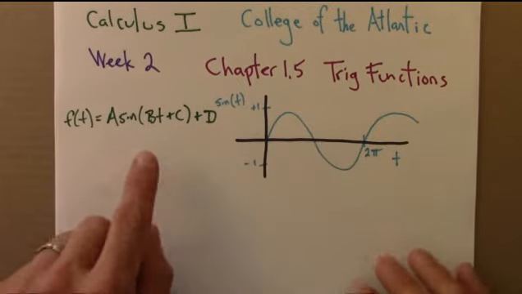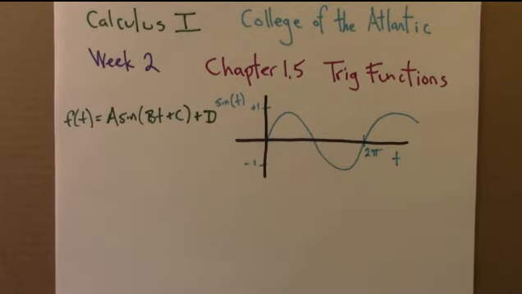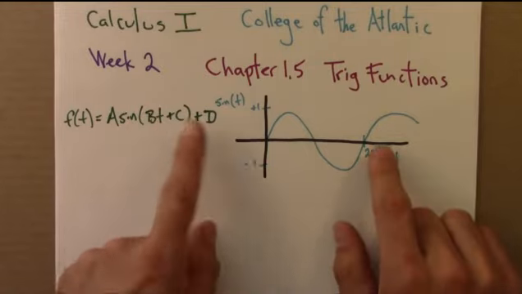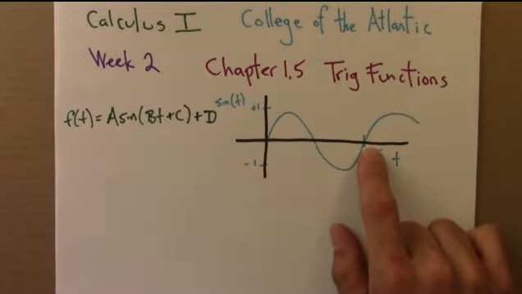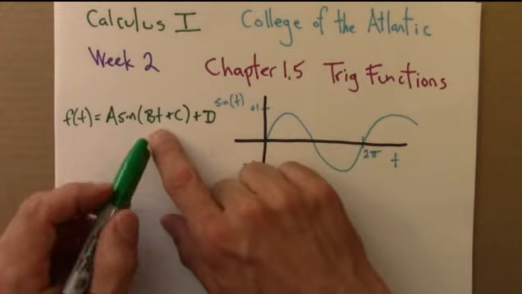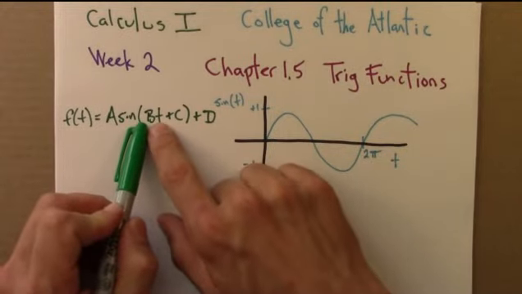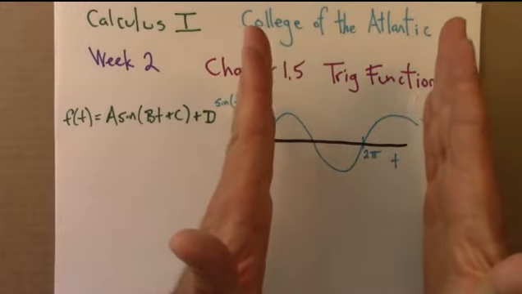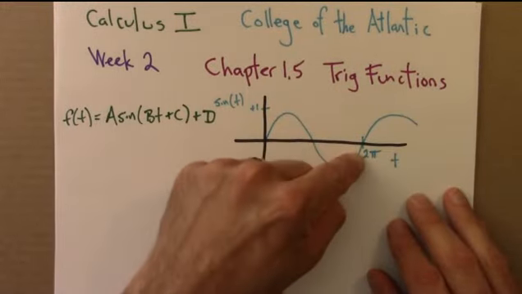So we know that the regular sine with no b, b of 1, has a period of 2 pi, and we know that when I take t and multiply it by b, that makes everything go b times as fast. That would make the curve squashed in. It would go up and down much more quickly.